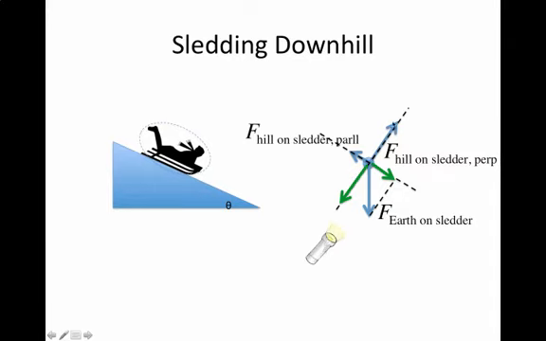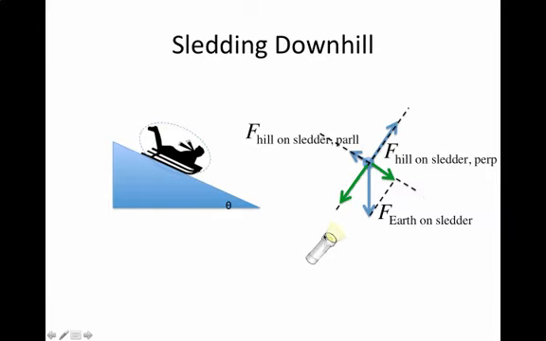If I wanted to find what the component is along my parallel axis here, I would shine a light down and see how big the shadow is that's cast on this axis right here. And actually, since the light is shining right down on the point, this wouldn't cast a shadow at all. And so there is no component on my parallel axis here.